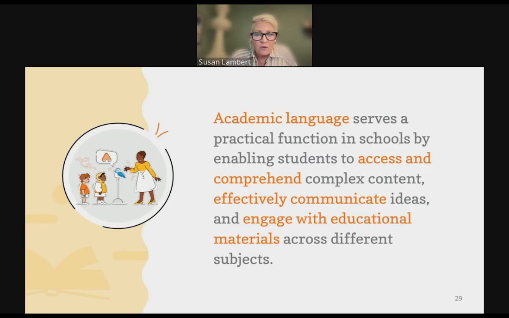So when you think about academic language, and we're going to focus on these words that are in orange, academic language is really critical for students in the schooling process, because if they don't have access to that language, they won't be able to comprehend that content. They have to use what they know to effectively communicate their ideas. And it's really important that they have a handle on academic language to engage with those educational materials.